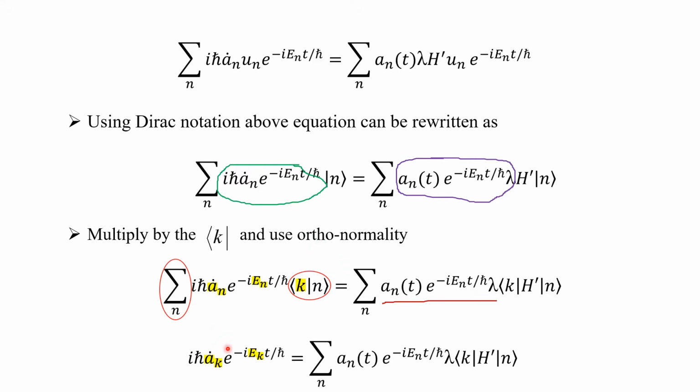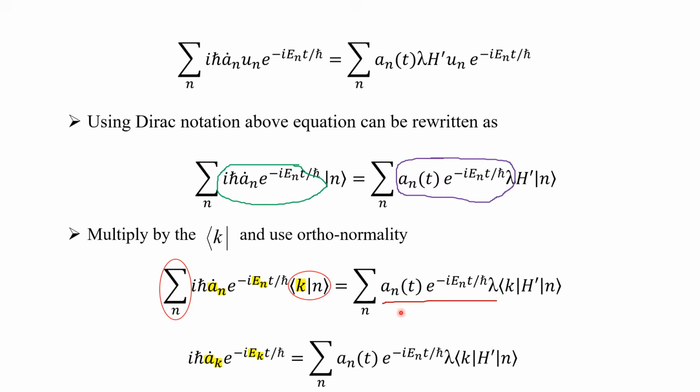So this n can be replaced by k. That is, an dot will become ak dot and En will become Ek. As far as the left hand side is concerned, we are eliminating this summation due to orthonormality.